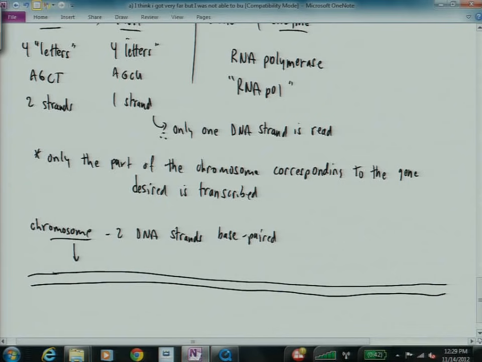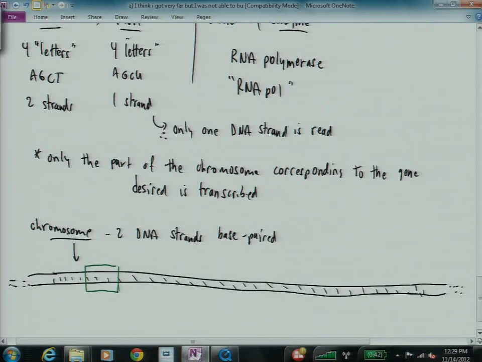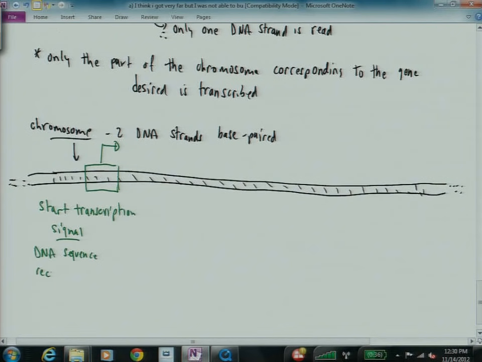At one end of the gene, you have one signal sequence. And it's usually drawn with an arrow. This is the start transcription signal. This is a DNA sequence that is recognized by RNA polymerase.